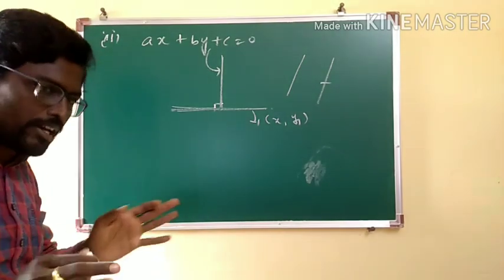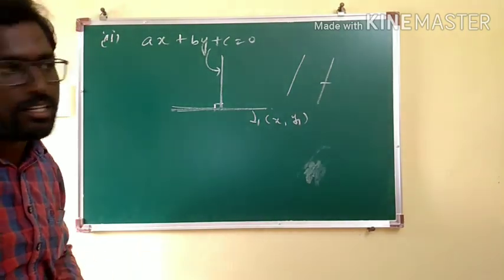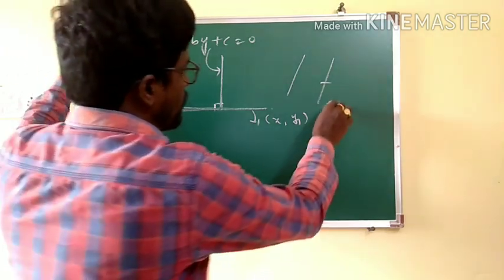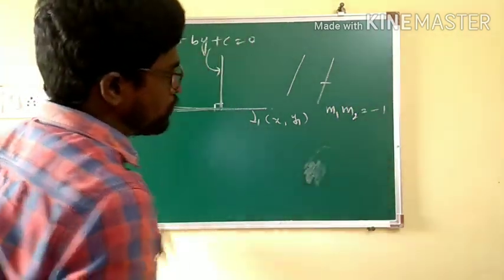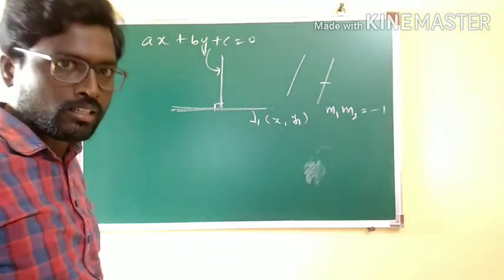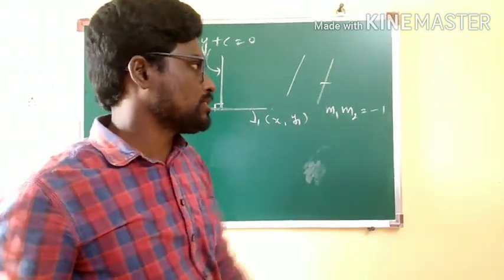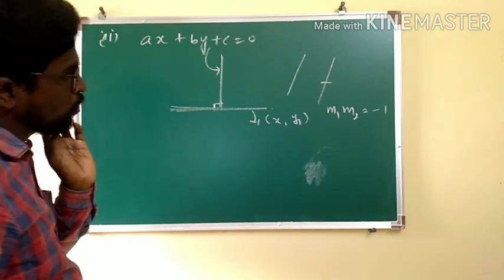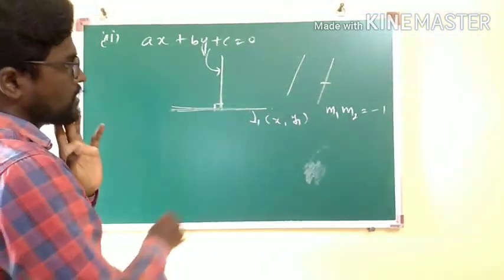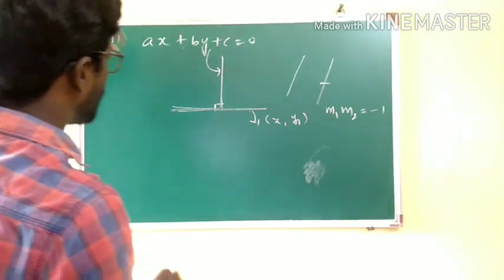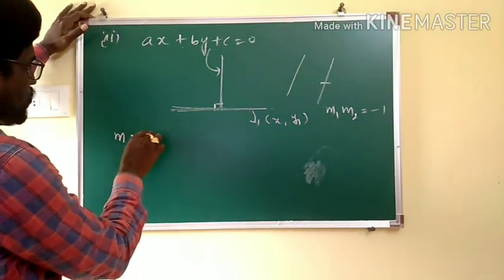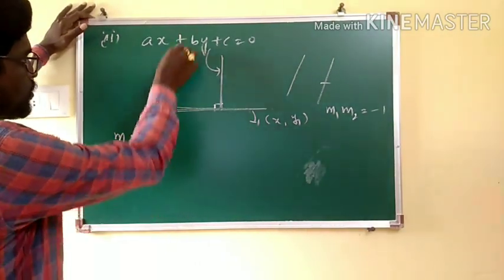I told you a very valid point in the beginning of the class. If two lines are perpendicular, then the product of their slopes, that is m1 into m2, is equal to minus 1. According to m1 into m2 equal to minus 1, I can get the slope of the required line just by obtaining the slope of the given line. What is the slope of the given line? m is equal to minus a by b is the slope of the given line.